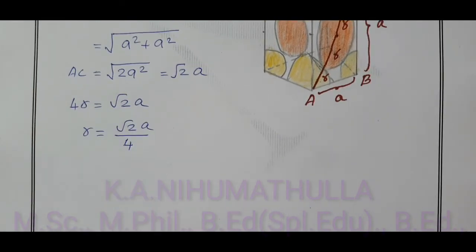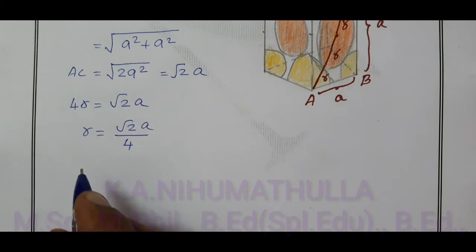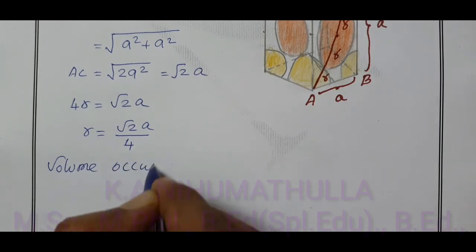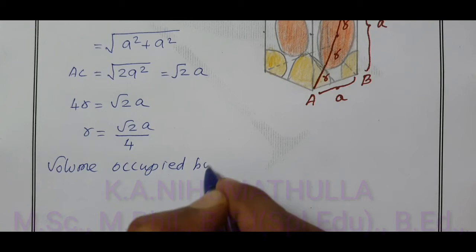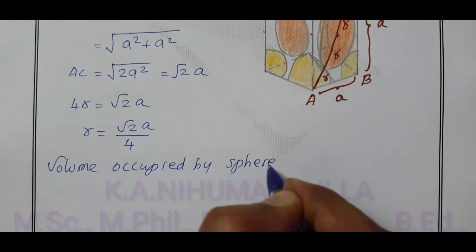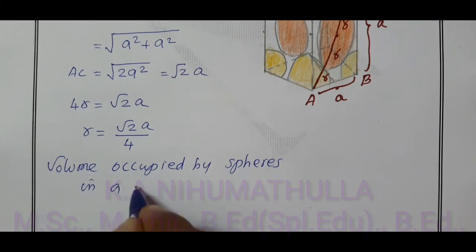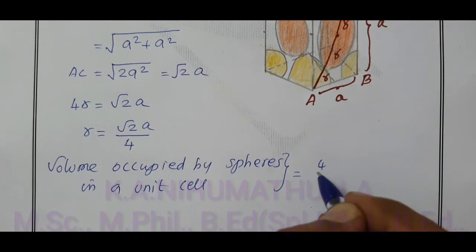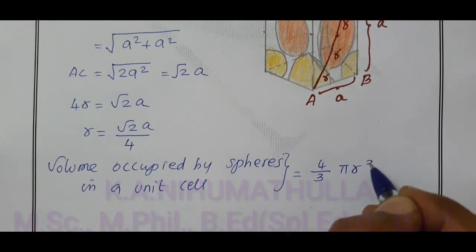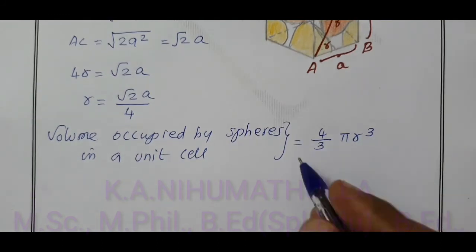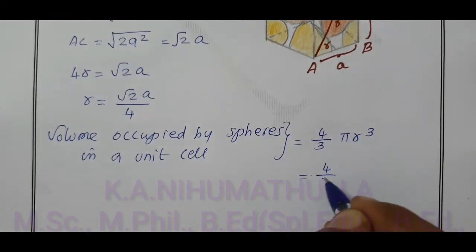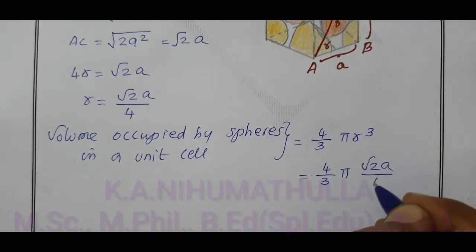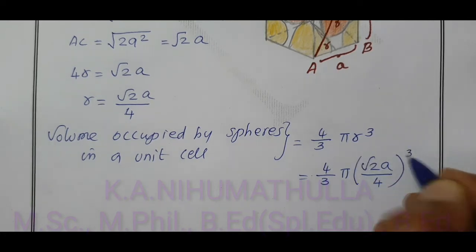Using this R value, we can calculate the volume of the sphere. What is the formula to calculate volume? 4 by 3 pi r cube. Substitute the value of r, root 2a by 4, the whole cube.